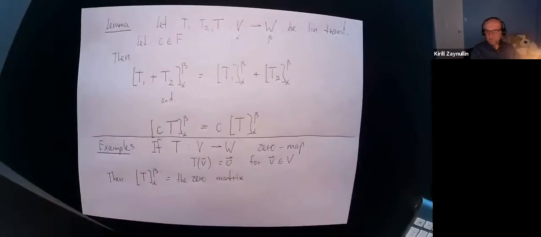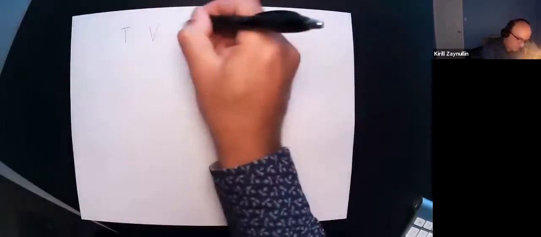This is kind of a trivial example. Well, there's another easy example. What's the next easy map we should take? Of course, there's this one. Let's take the same V, and let's take the identity map.